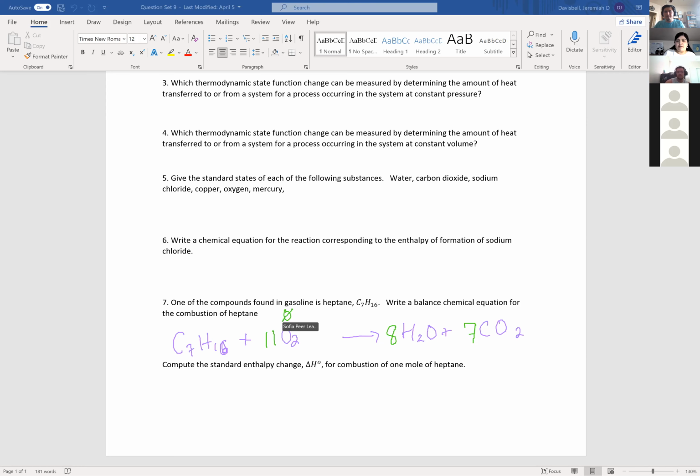Does anybody have a better reason for why oxygen has a heat of formation of 0? Do you have to make oxygen gas or do you just kind of find it like that already? Yeah, you find it like that, right?